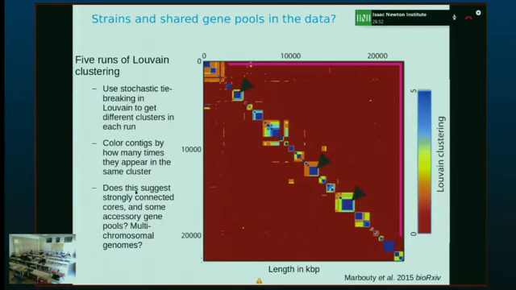They took a very cursory attempt at this in this work. They ran 5 iterations of the Louvain clustering and made use of stochastic tie-breaking behavior to get different clusters out of each run. And then they asked how frequently the same contigs were basically clustered together across the different runs. And so that's what this plot is showing.